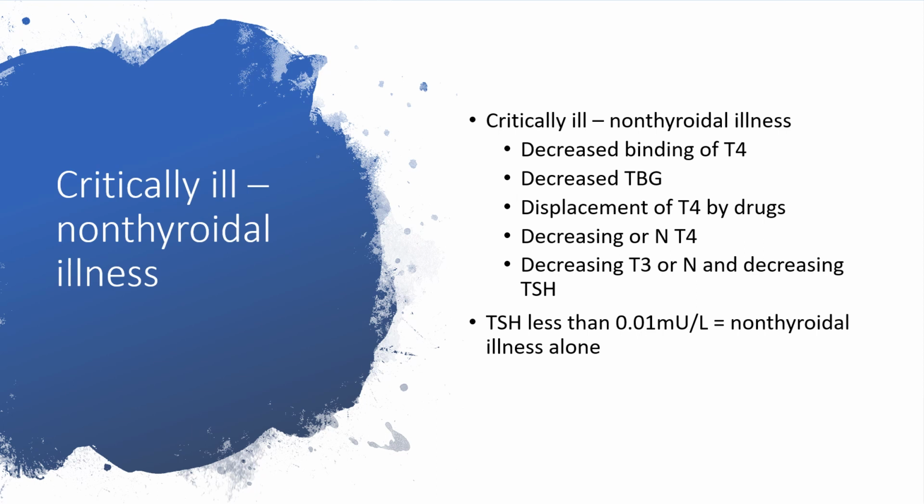But note this, the thyroid stimulating hormone will be less than 0.01 milli international unit per liter. And when we find that, that is non-thyroidal illness. And that is the only condition we're likely going to find that.